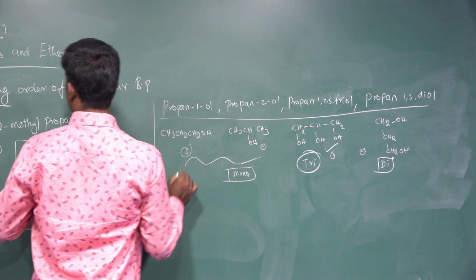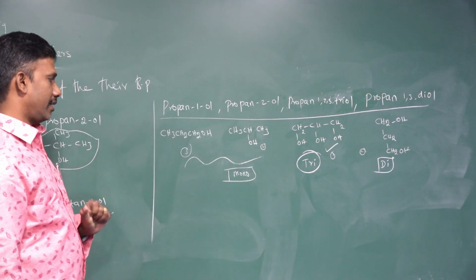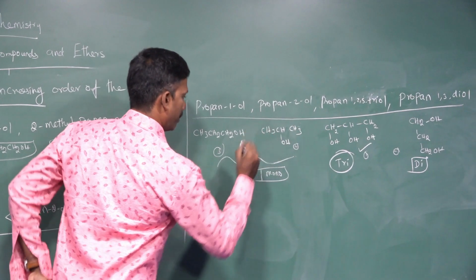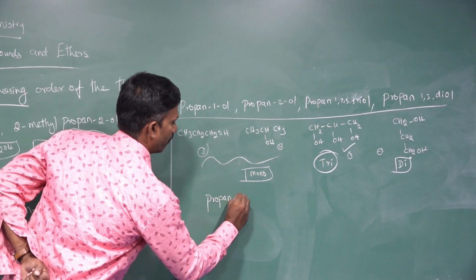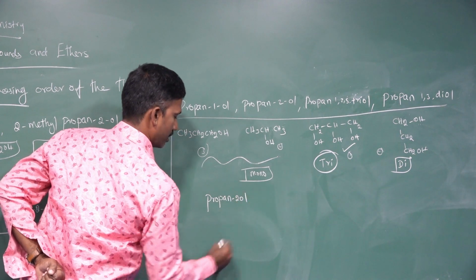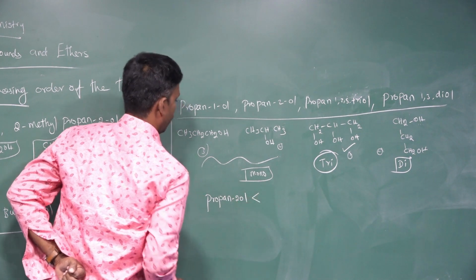Okay. Now what is the increasing order they have asked? The lowest is propan-2-ol; it has the very lowest boiling point.